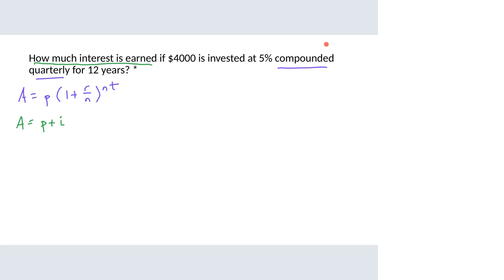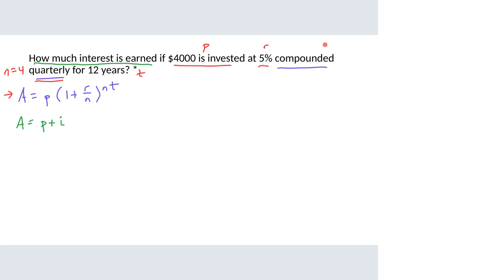Okay, so if I want to figure out the future value using the formula for compound interest, let's see, 4,000 is invested, that's my principal. 5% is the rate, compounded quarterly. Okay, so that means n is going to equal 4. Quarterly, 4 times a year, and 12 years, that's my time.